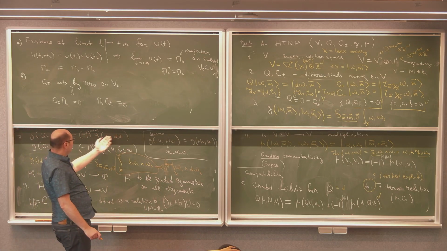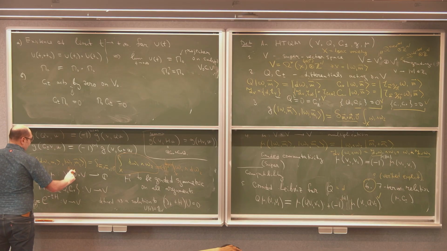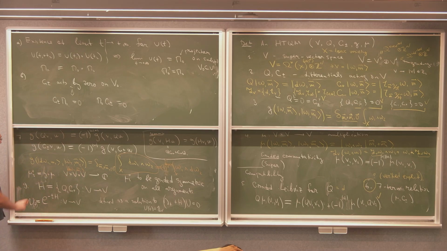That is precisely the expression that we got here, where we act by Q on the second vector omega 2, m2, which will give me d omega 2, m2. That is what will happen if you act by Q on the second argument.